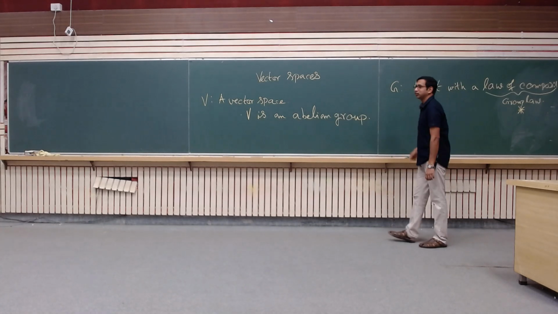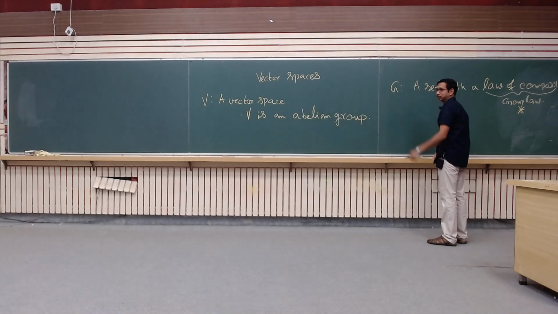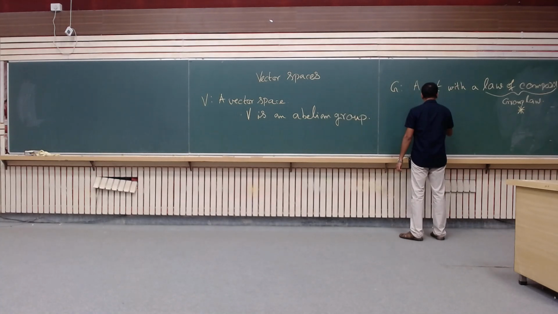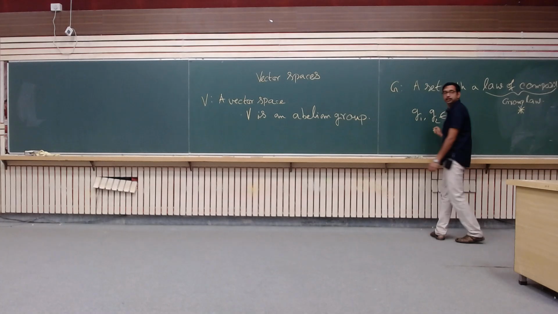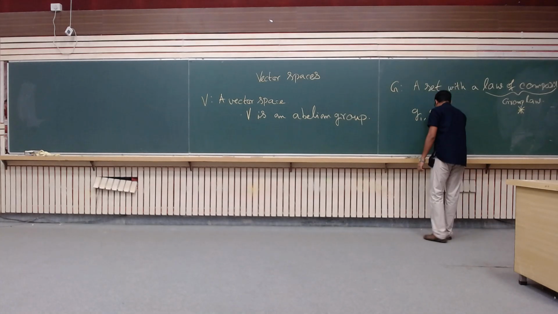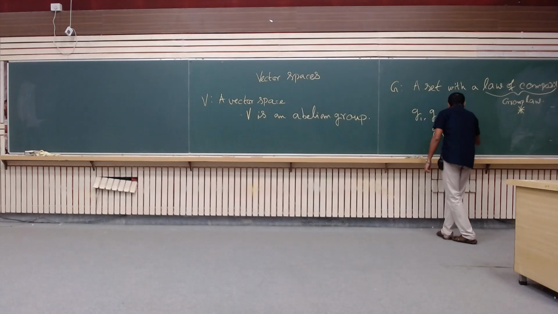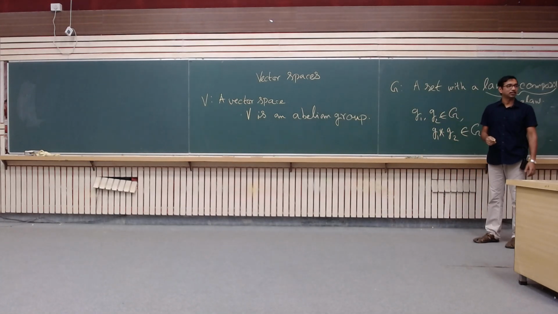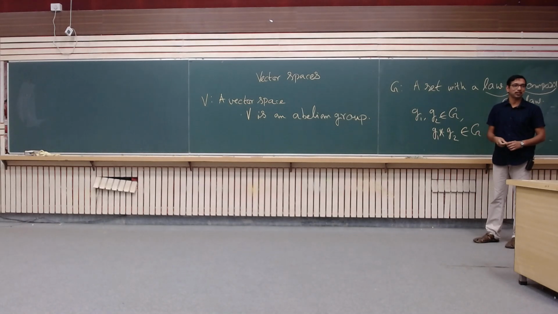What it means is that if G1 and G2 are in G, then G1 star G2 would also belong to G. If you have any doubts, please ask me and not your friend, because there is a humming noise in the class which may disturb others and myself as well.